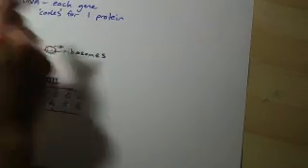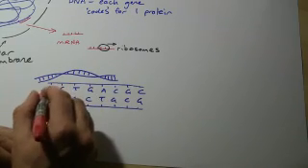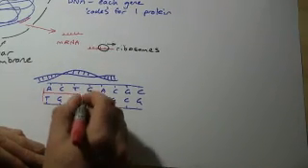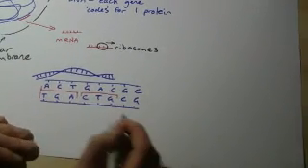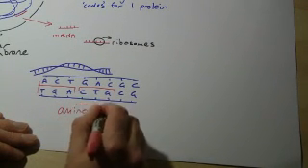Now, the last bit of this is that every 3 letters of this DNA code gives you the code for a particular amino acid.